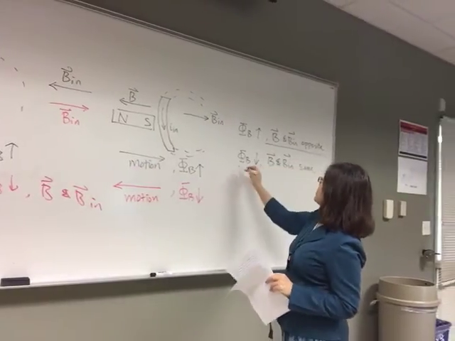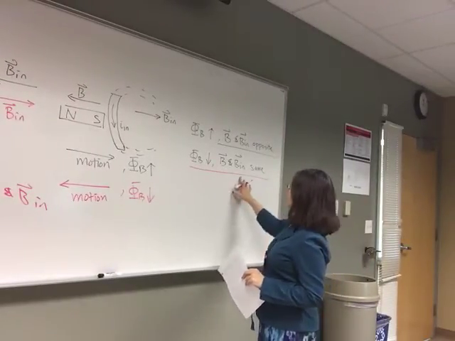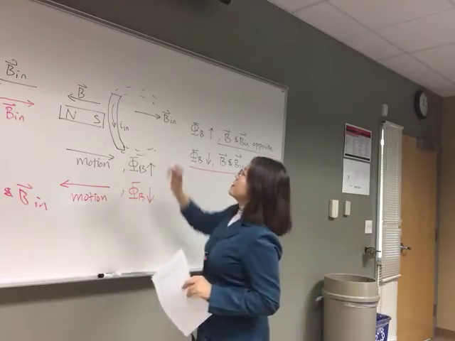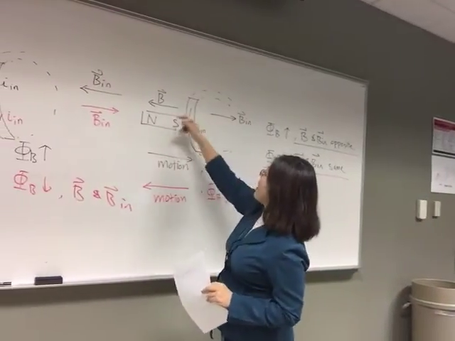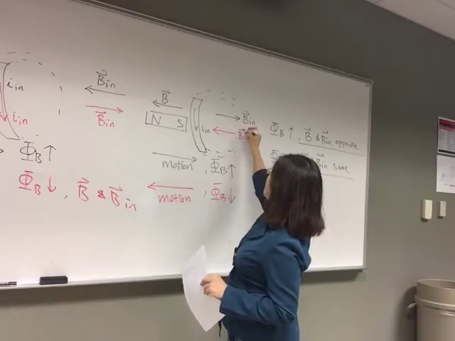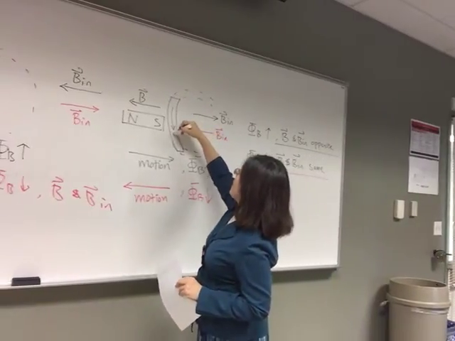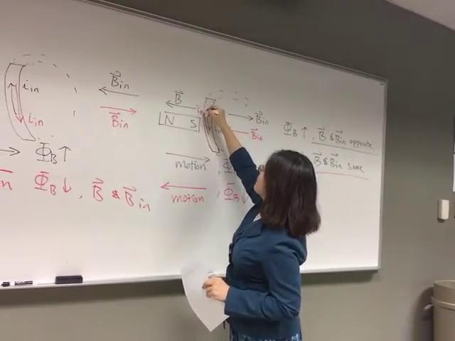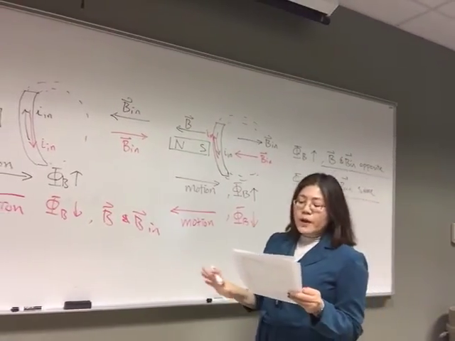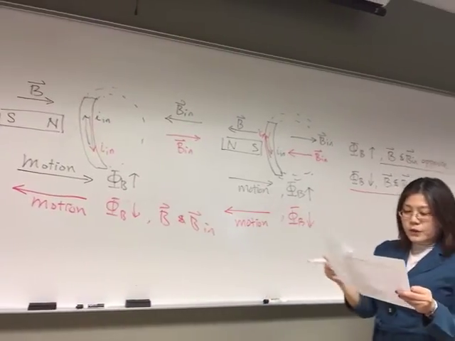When the magnetic flux decreases, the original magnetic field and the induced magnetic field have to be in the same direction to compensate for the loss. So the induced magnetic field is in the leftward direction. Use the right-hand rule, and your current direction will be in this direction. Once you know how it works, you're ready to do an experiment.